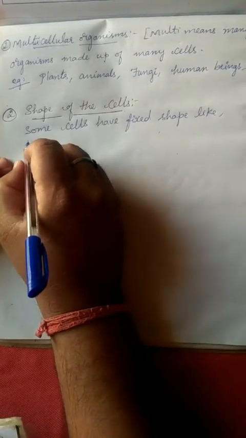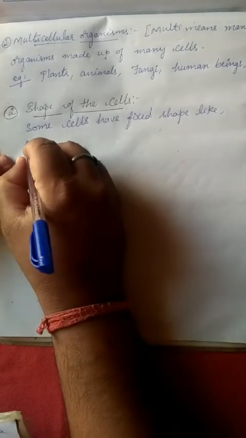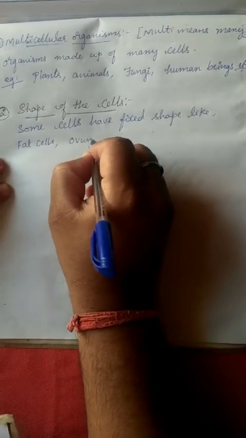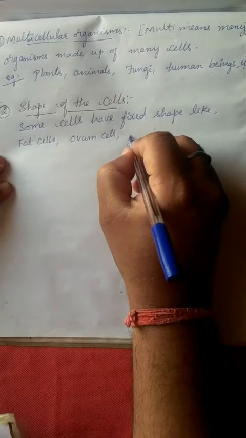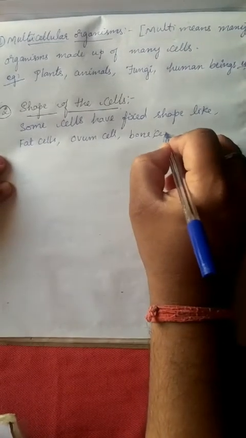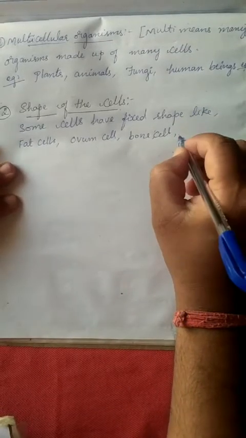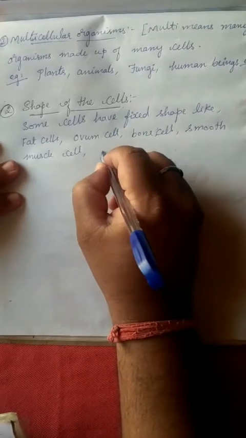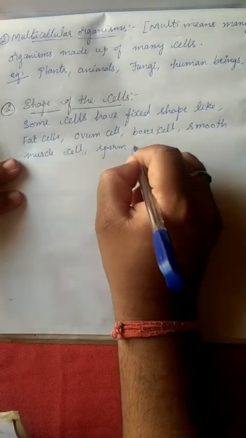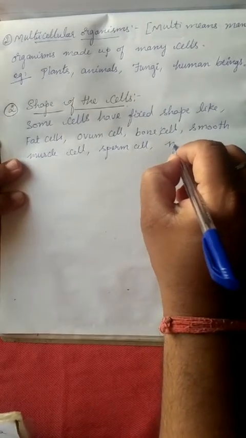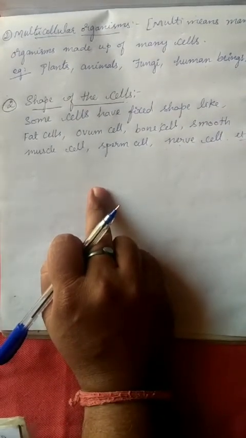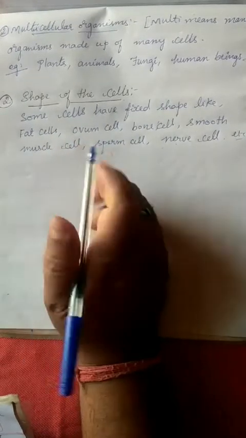you have seen that picture also in your textbook: fat cells, ovum cell, bone cell, smooth muscle cell, which is spindle in shape, sperm cell, and the nerve cell, etc. These are the different cells having different shapes.